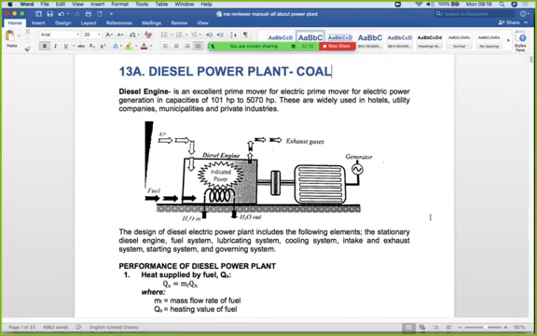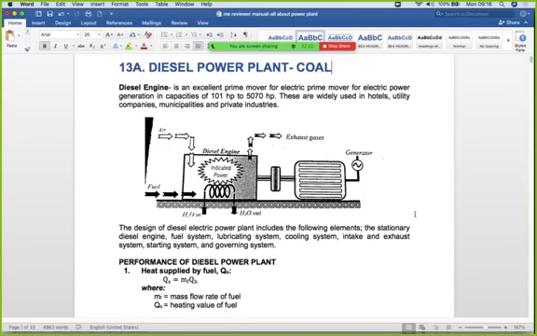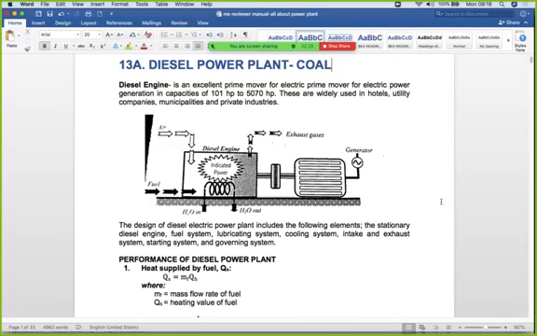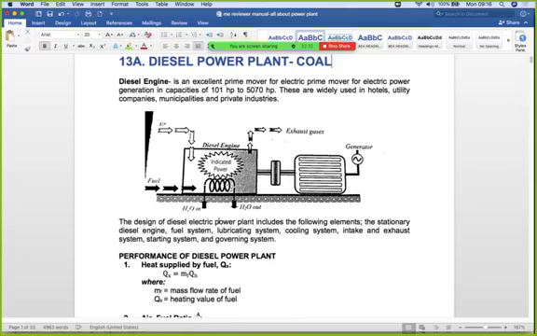This is the nomenclature for a diesel engine. Inside this engine, we have discussed previously the pressure and temperature relationship, pressure and volume, as well as temperature and entropy relationship.